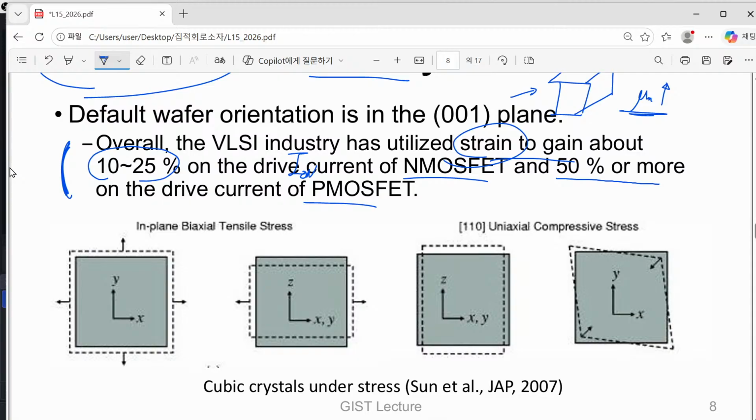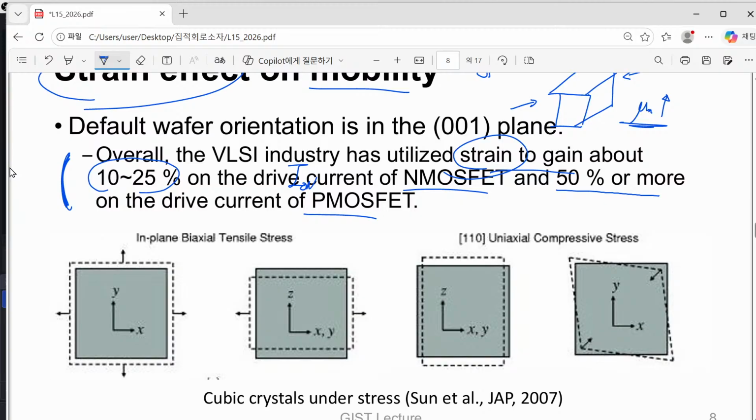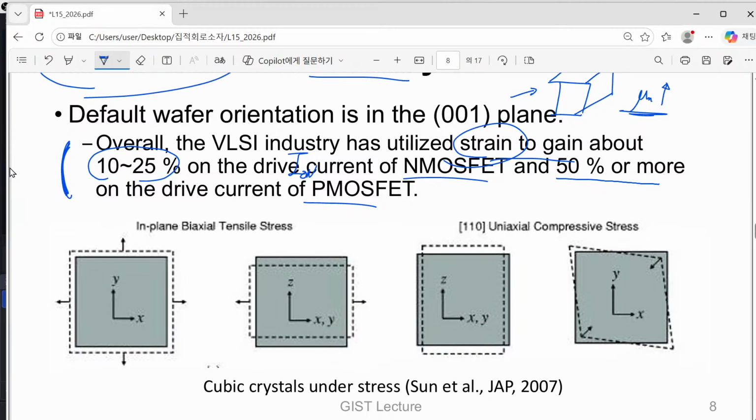How do we make that engineering? By placing certain materials nearby the silicon, we can expand it or compress it. That is the way we change the electron or hole mobility. This is typically important for our PMOSFET, the hole-based transistor.